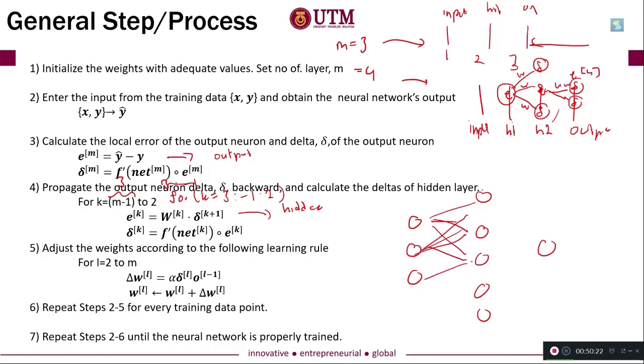That's the purpose why we derived a simple architecture, did a lot of derivation, and at the end found the general step that can represent any architecture you want to design. You can still use the same algorithm as you see in this slide. That's why I introduced delta and E: we want to generalize everything.